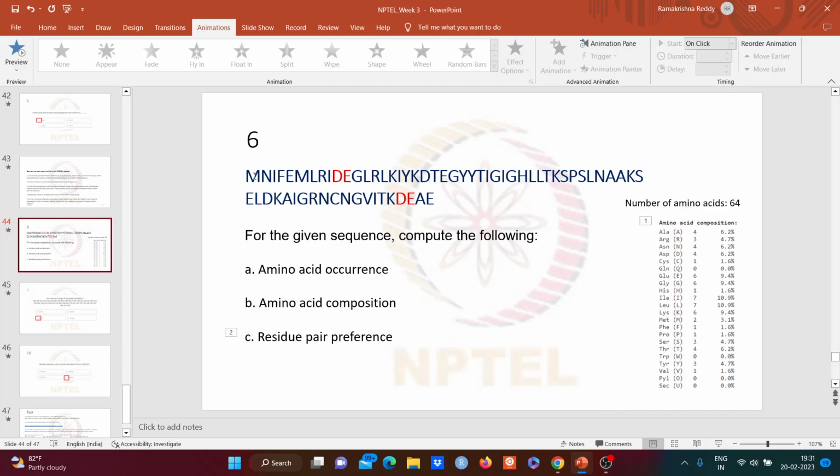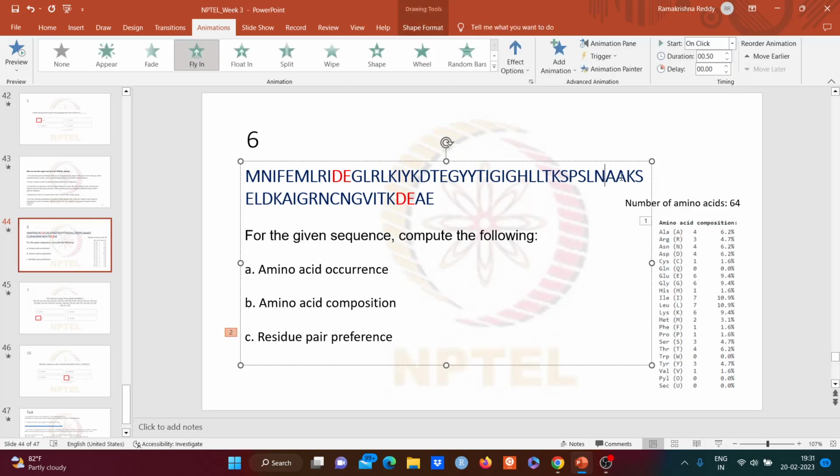So when we count for alanines, we can see 2 alanines here, and we can see 2 alanines here, 1 alanine here, and no alanine here. So in total the amino acid occurrence for alanine is 4. Similarly, we calculate for all other amino acids, which gives the occurrence or number of these amino acids present in the given sequence.